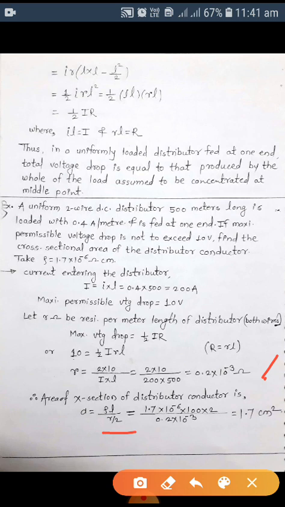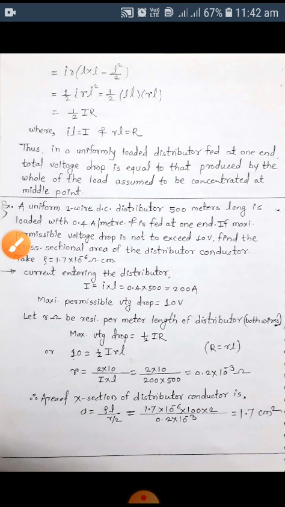Here we have resistance per meter, so specific resistivity is given in centimeter, that's why we have written here 100, and we have got the answer 1.7 centimeter square. In this way we can solve the numericals on this type of feeder. I hope all of you understood this. Thank you.